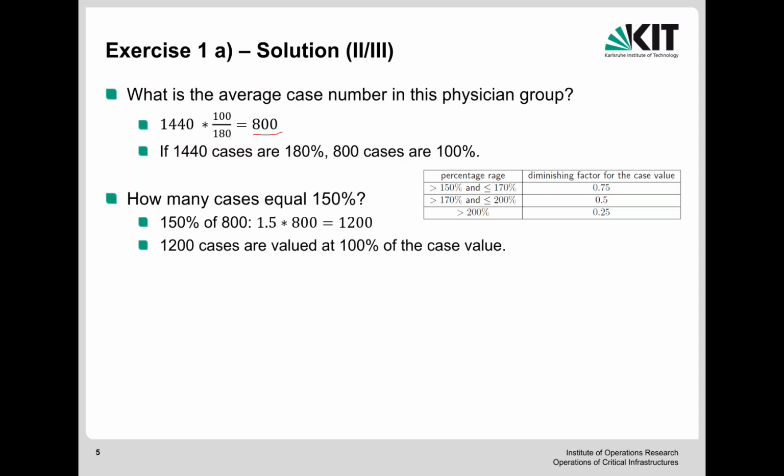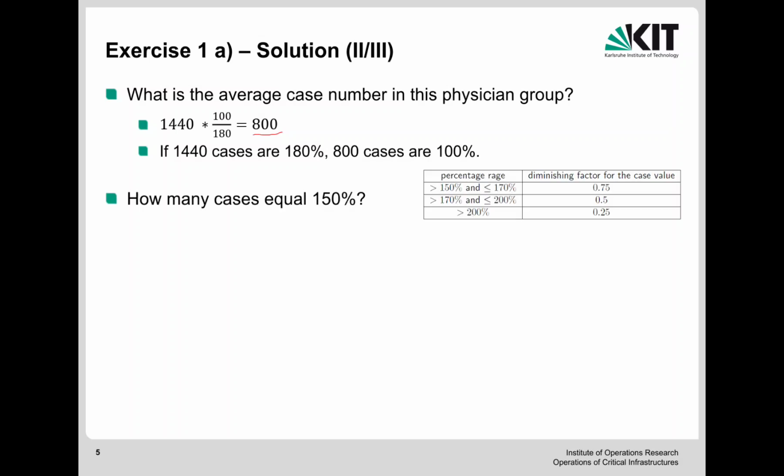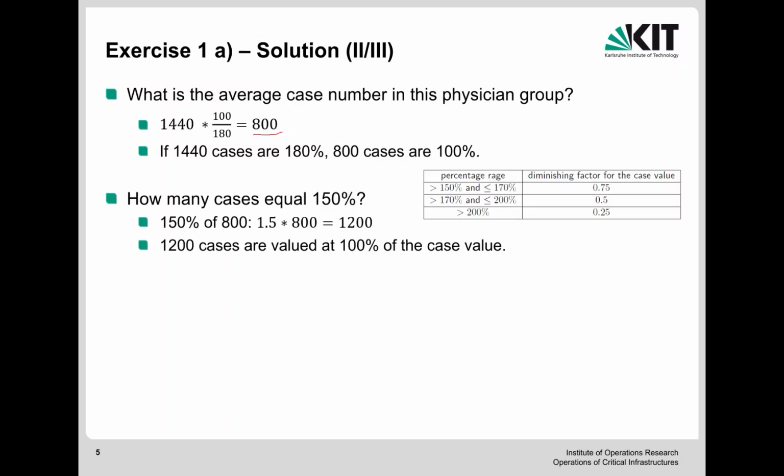So obviously we have simply to multiply it so that we know that 1,200 is the 150% limit. Till this, every case is evaluated at 100%. Okay, so till 1,200 patients or cases, she will receive the 100%.